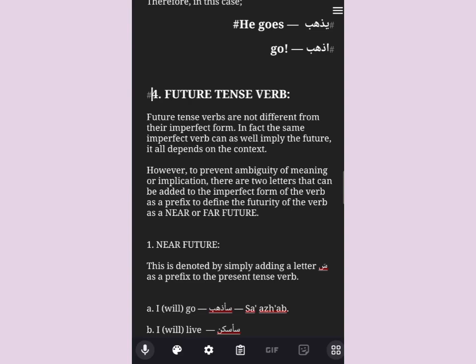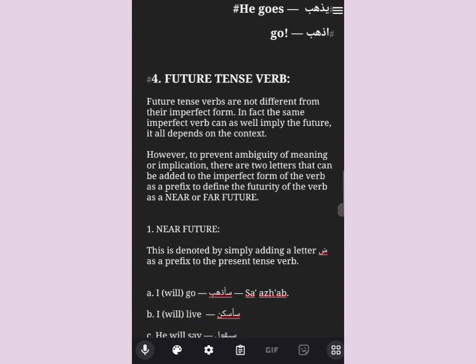We mentioned that the present tense verb, fi'l al-mudari, can mean three things: aktub, I write, or aktub, I'm writing, or aktub, I will write.